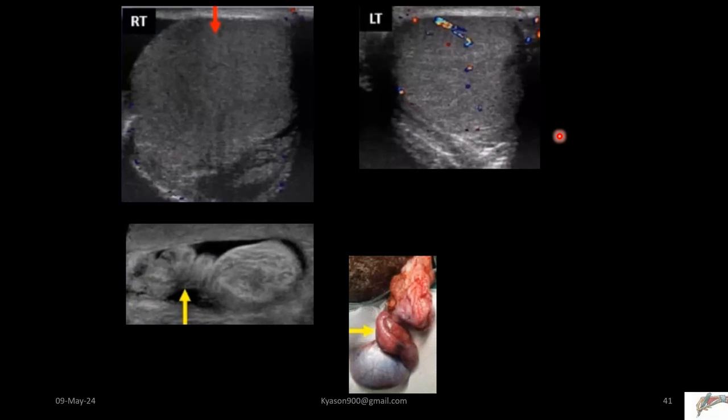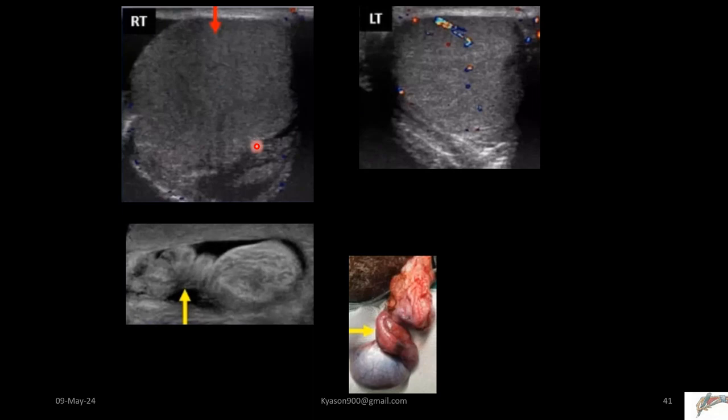So in this slide, what are we seeing? We are seeing the right testicle, the left testicle. Usually whenever there is a testicular torsion, the affected testicle is going to enlarge. As we've said, it's going to enlarge because of the blockage of the venous outflow.